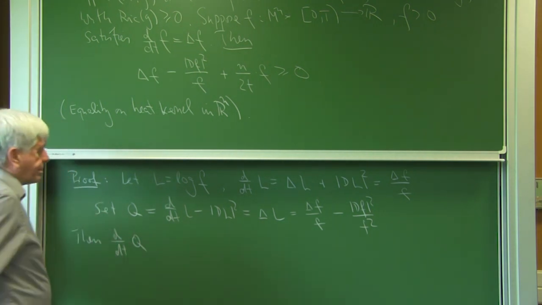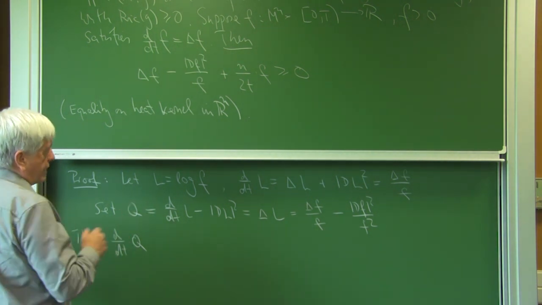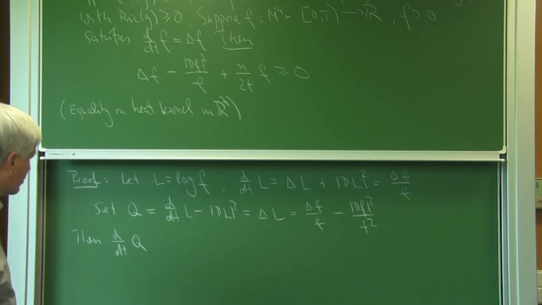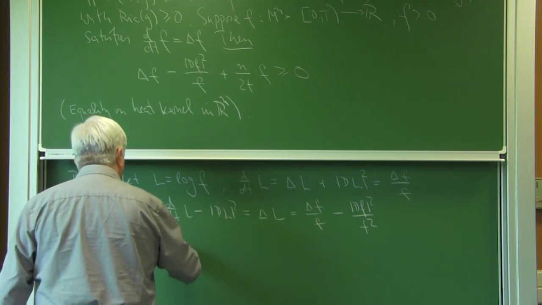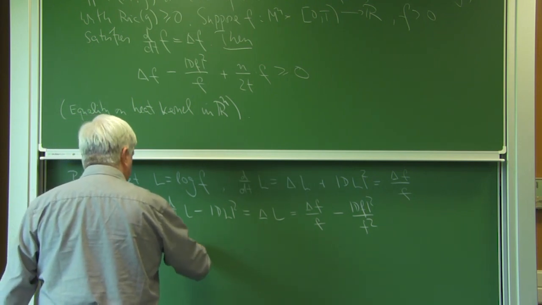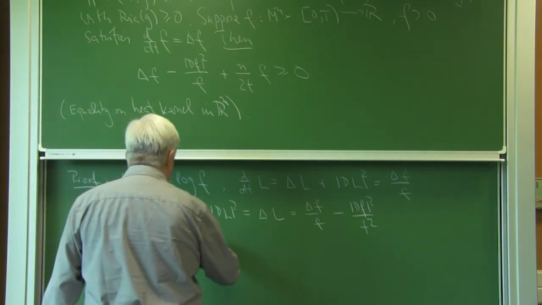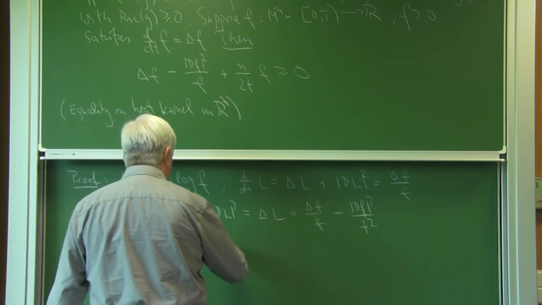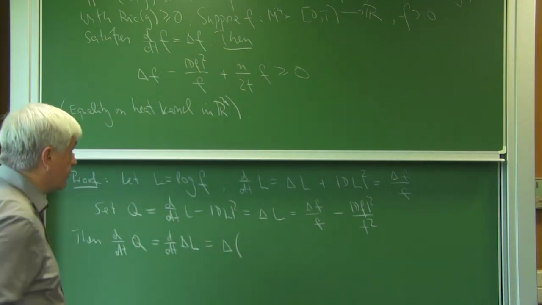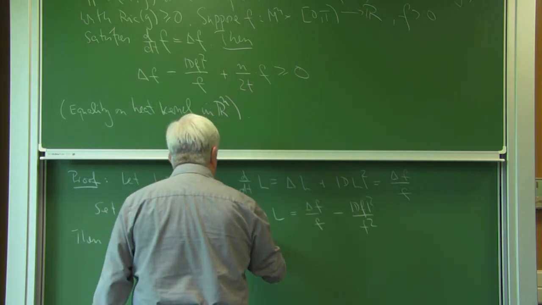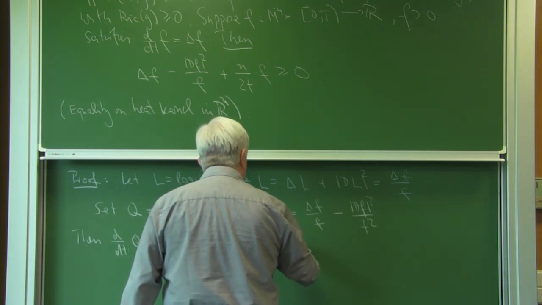So we compute ∂Q/∂t, essentially the speed of the Laplacian of the logarithm. So we get ∂/∂t of Laplacian L, and since in this case the metric is not depending on time, we can commute ∂/∂t with the Laplacian, so we get Laplacian of ∂L/∂t, and ∂L/∂t is the Laplacian of L plus gradient L squared.